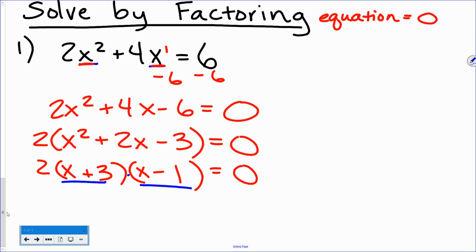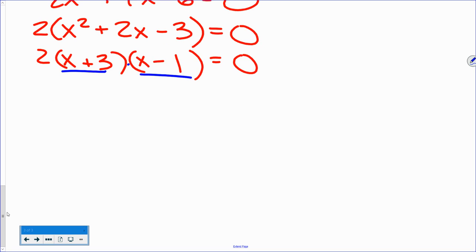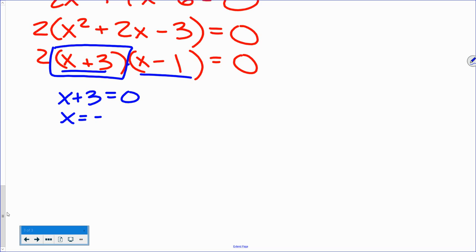All right, so that means I'm going to take this factor, so I'm multiplying by this. I want to figure out, well, what value of x would make that 0? Well, -3 would make that 0.